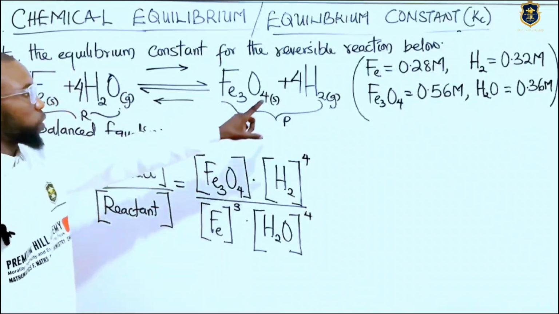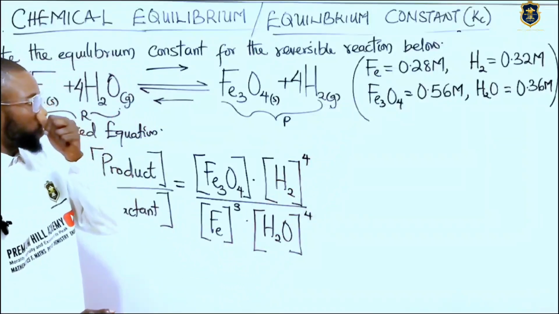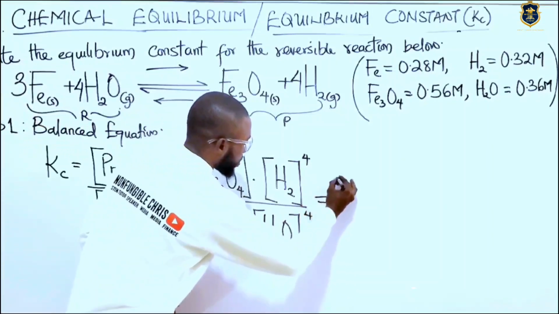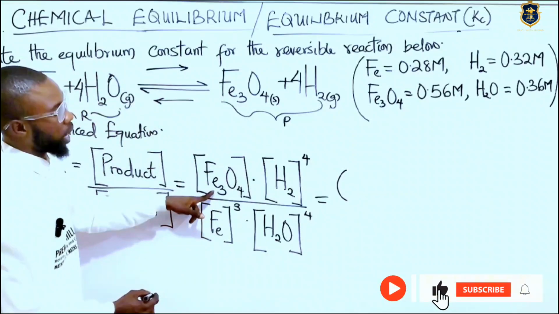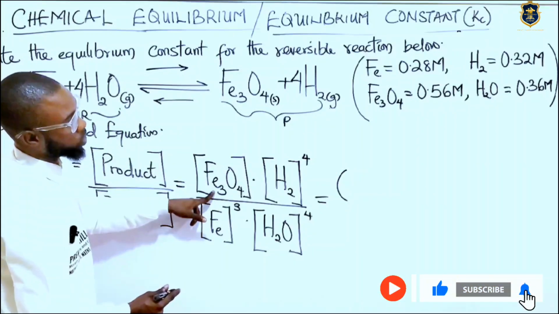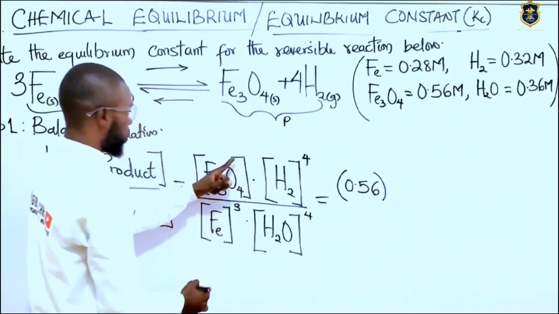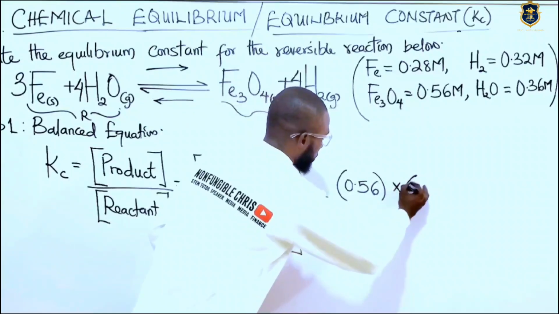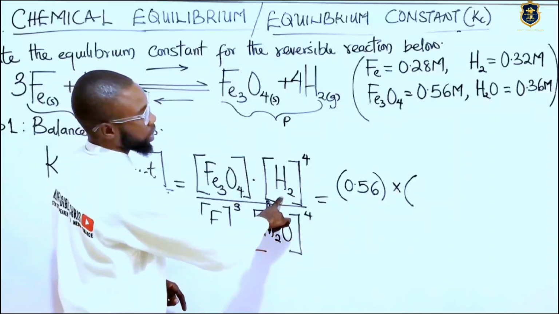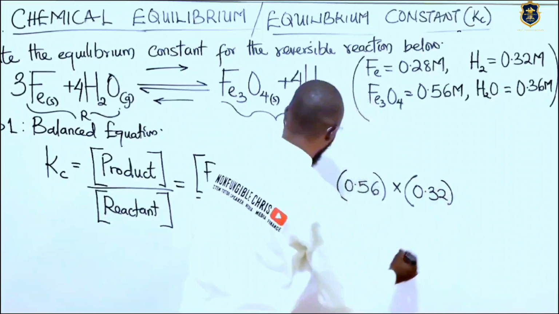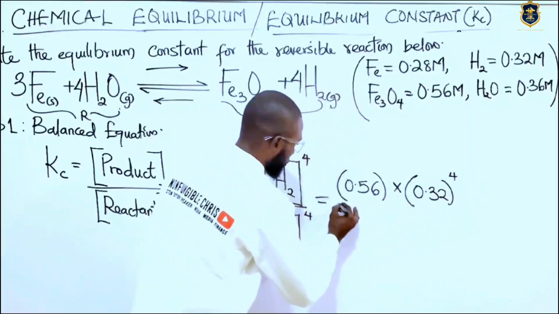Having done that, they gave us value for everything, right? Value for iron is 0.28 molar, so let's fit in the values. It becomes, what's the value for iron tetroxide? 0.56, raised to the power of nothing, right? Times the one for the hydrogen gas, that's H2, is 0.32 molar raised to the power of 4.